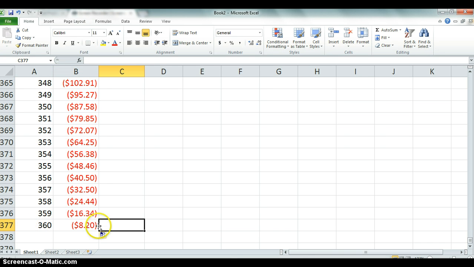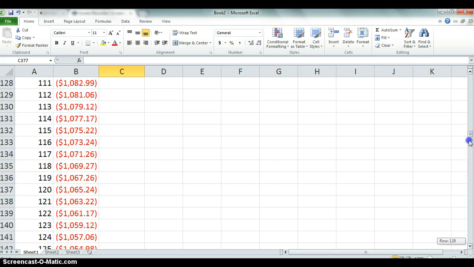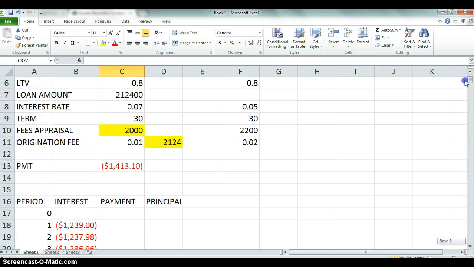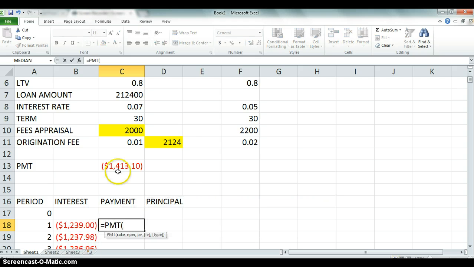We can see at the end of the whole term of the loan how the money pretty much doesn't go anymore to interest, but rather goes to pay the principal. So now the payment will be equal to the payment that we already calculated here, $1,413.